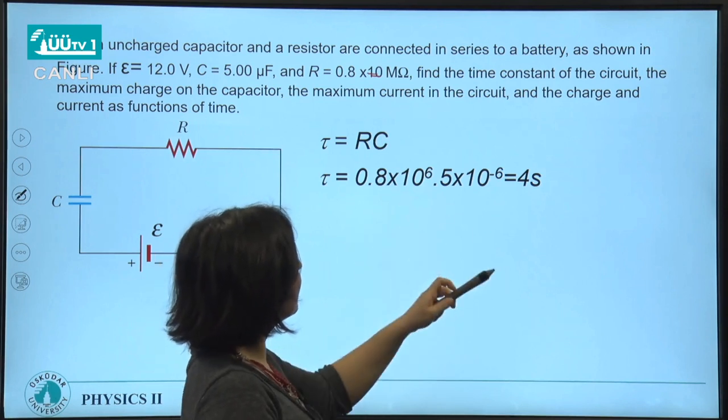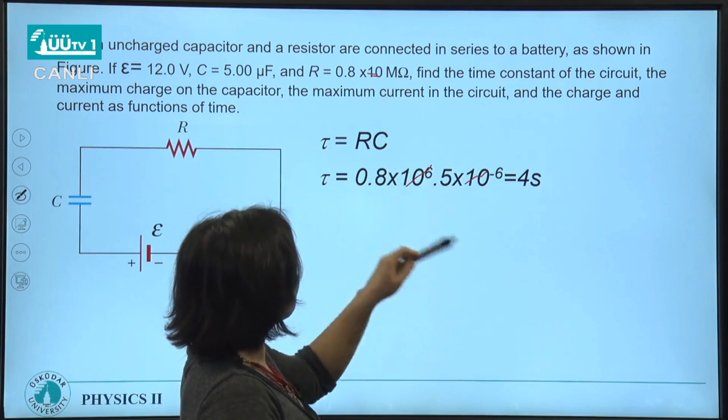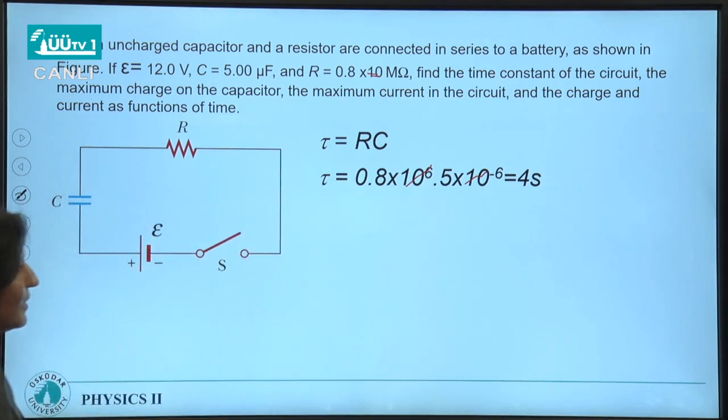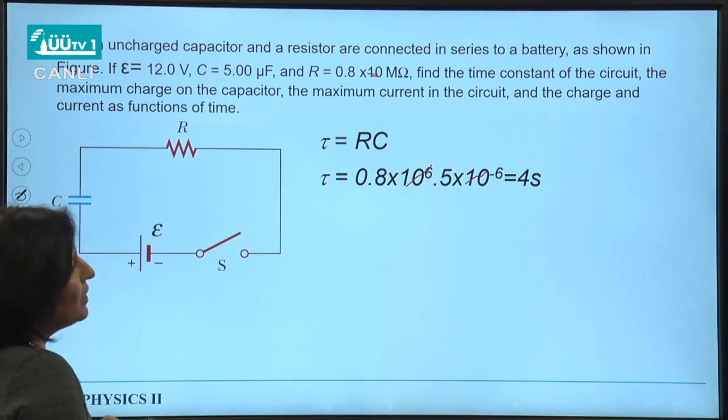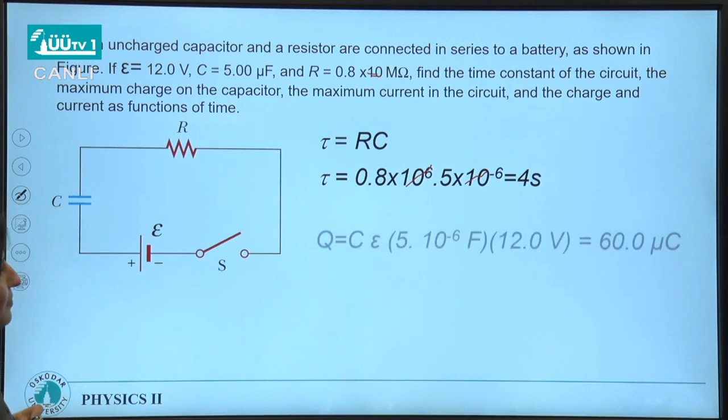So when you calculate it, they cancel. So 0.8 times 5 will be 4 seconds. The tau is 4 seconds, or RC equals 4 seconds.